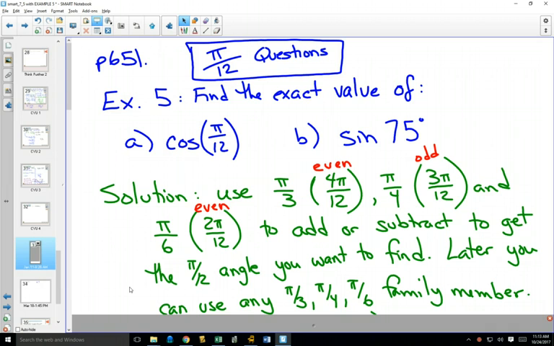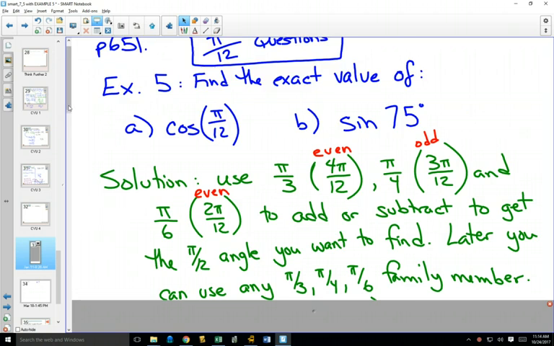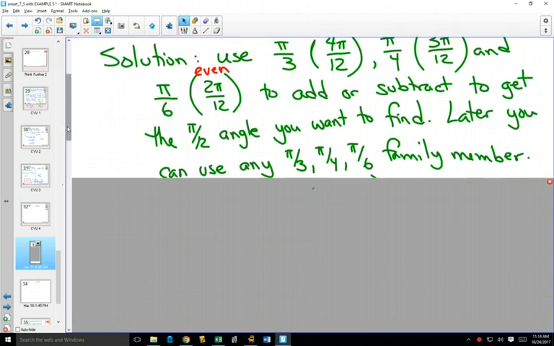So once you've figured out which family member you'd like to use, then we're going to write out the formula and then use our sum and difference formulas to solve it completely. Later on, when we have bigger ones, you can use any pi over 3, pi over 4, or pi over 6 family to make it work.